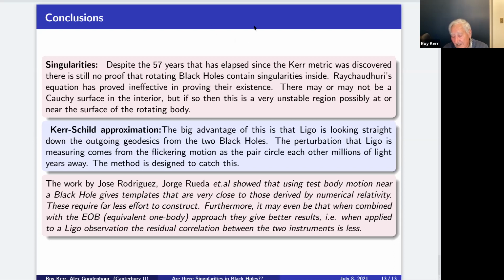I feel I should give a prize, say $1,000, to anybody who can actually prove there's a singularity inside black holes.